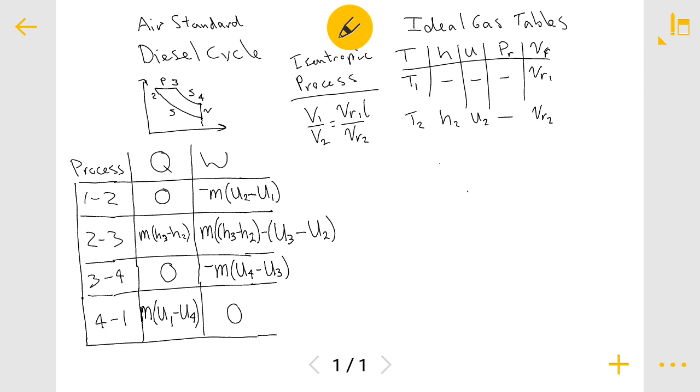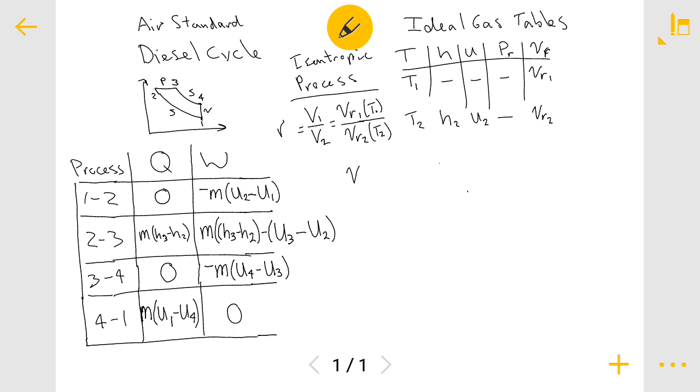VR1 is a function of T1, so if I know T1, I can find VR1. And VR2 is a function of T2. If I know VR2, I can find what temperature corresponds with that VR2. And V1 over V2 is our compression ratio. So that's R.